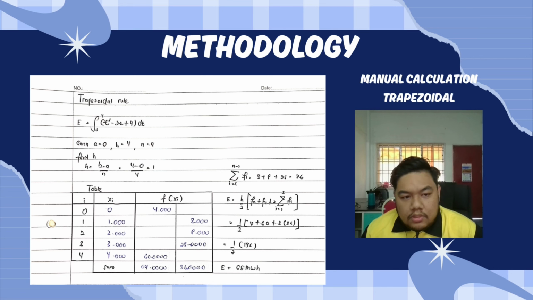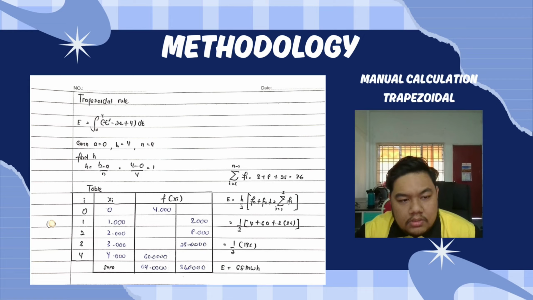The values that we got are f0 is 4, f1 is 3, f2 is 8, f3 is 25, and f4 is 60. So the sum of the interior values is 3 plus 8 plus 25, equal to 36.